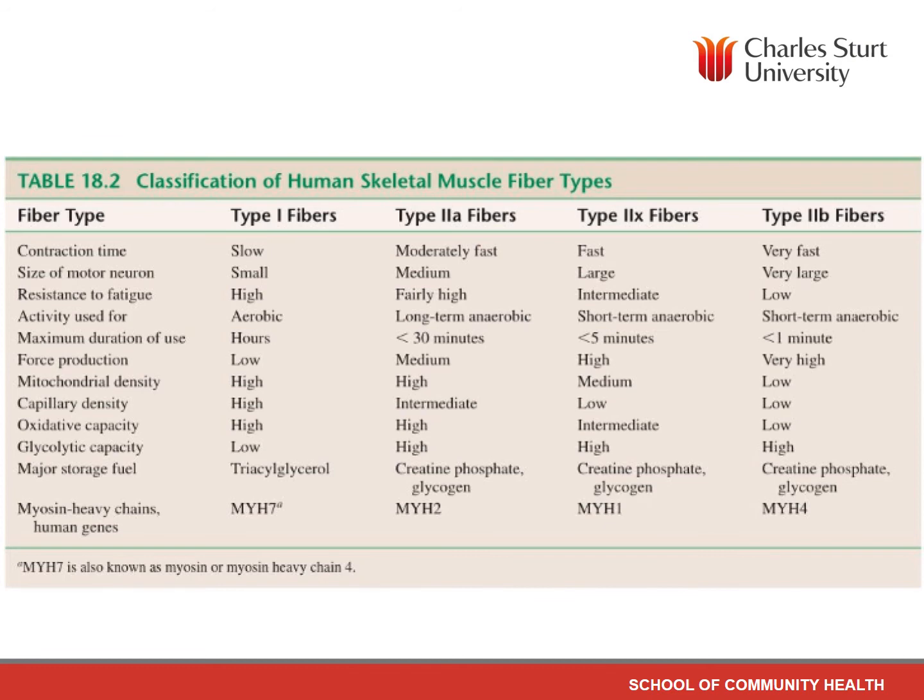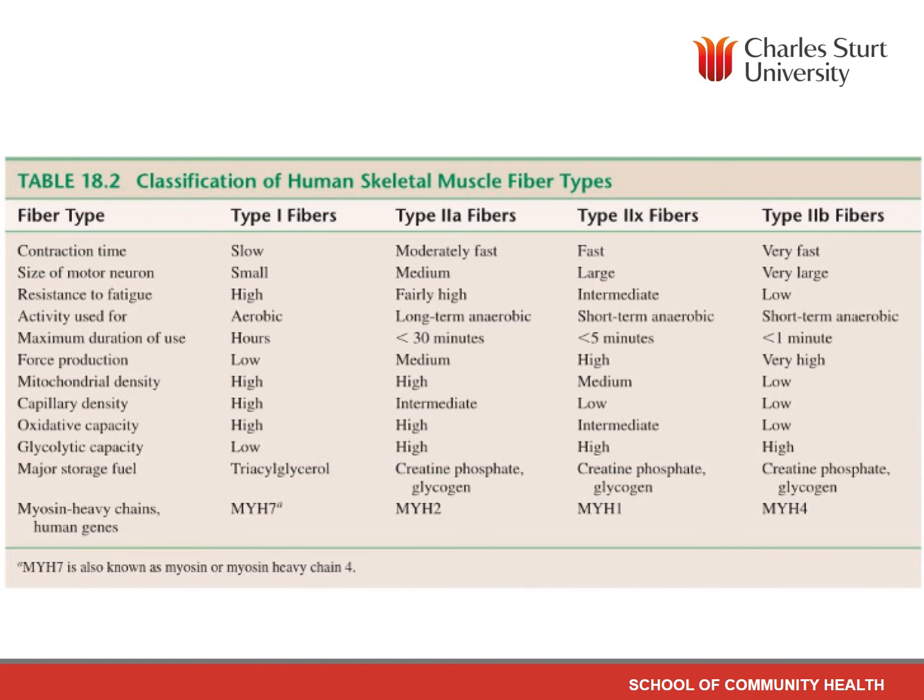Now, as for the activity used for the different fiber types, type 1, our slow twitch fibers, are aerobic fibers, and the maximum duration of use can be for hours, but the force production is much lower than the other varieties. Whereas our type 2A fibers are long-term anaerobic, so they can be used for activities that last less than 30 minutes, and the force production is medium.